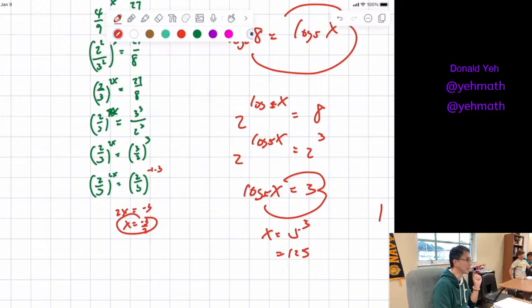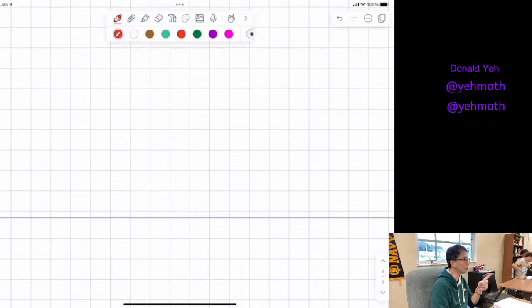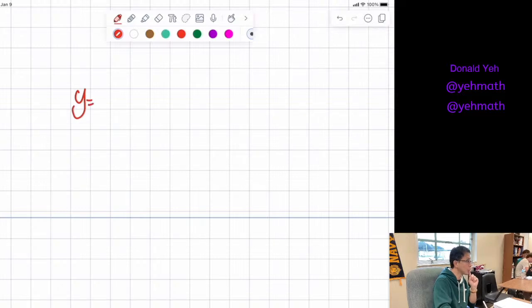Okay, let me connect the old knowledge. Listen for the day. How do I find the inverse of this function? You're going to see this on the test. y equals log base 2 of (x plus 1) minus 4. Can you find the y inverse?